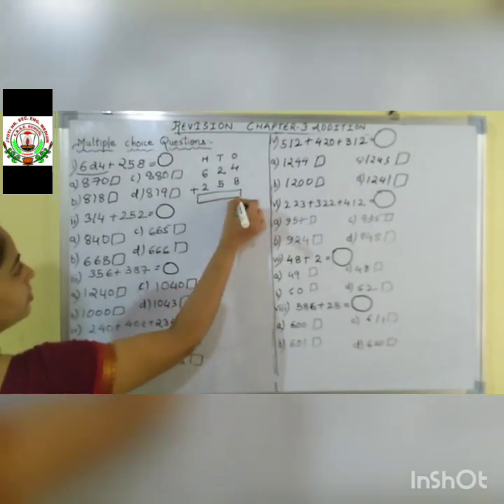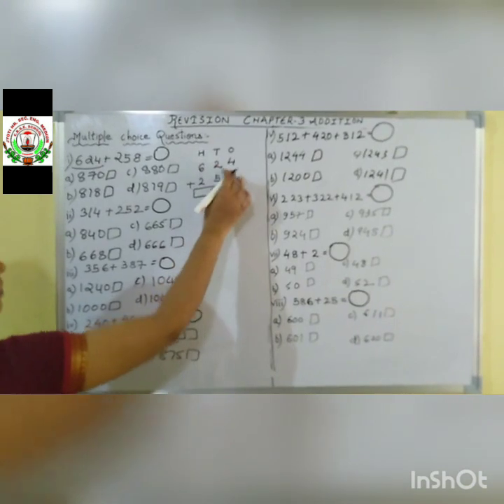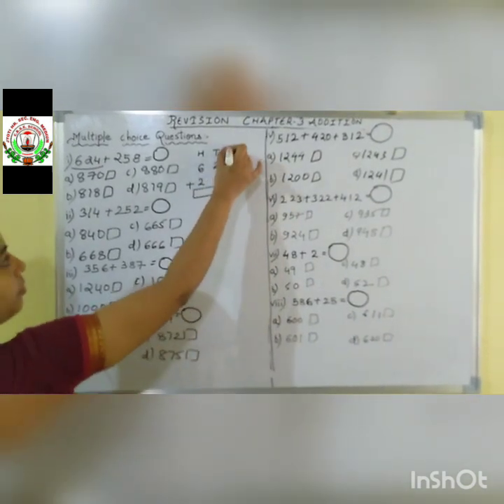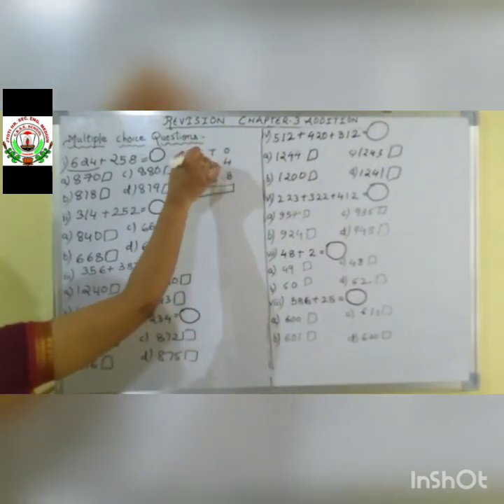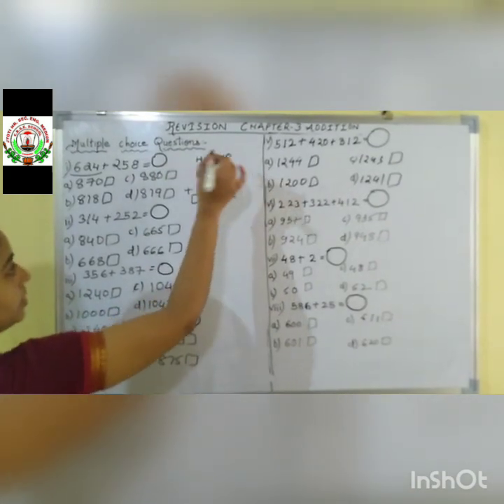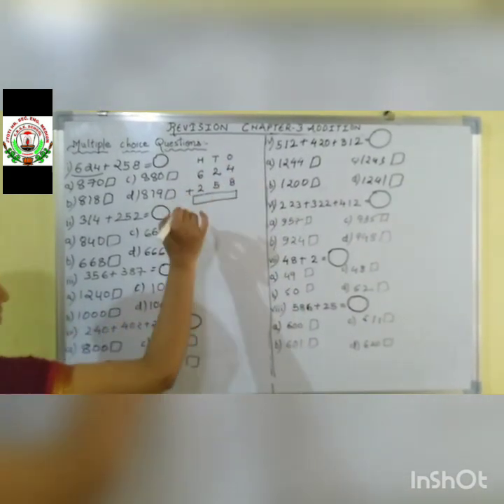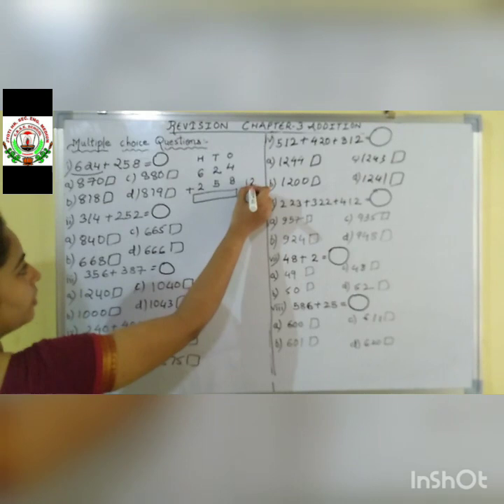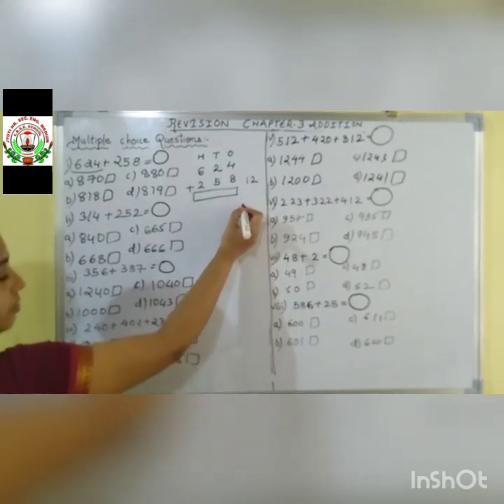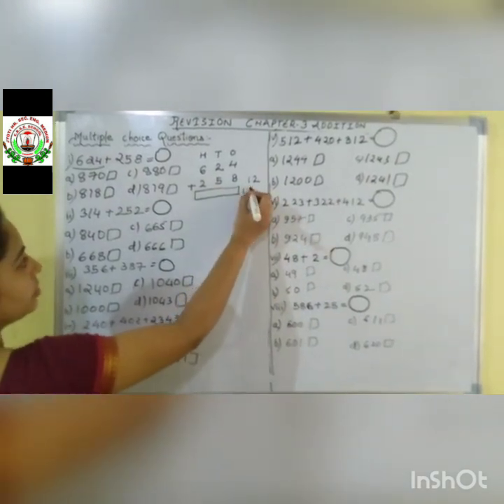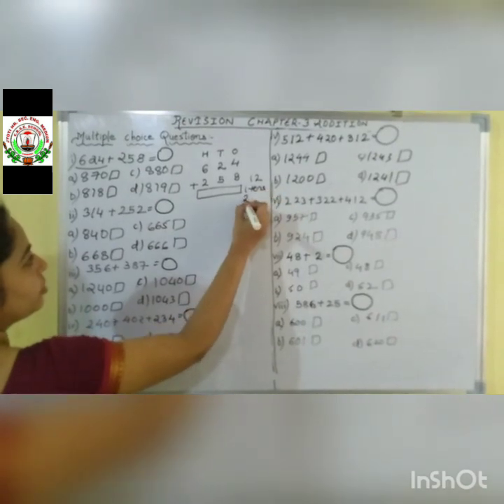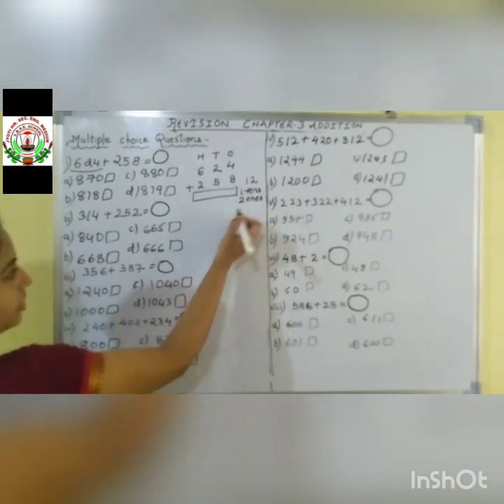Then addition. If we add 624 and 258, start from the ones place, then tens, then go to the hundreds place. Ones place, 4 plus 8 is 12. Yes, 4 plus 8 is 12. That means 1 ten, 2 ones.